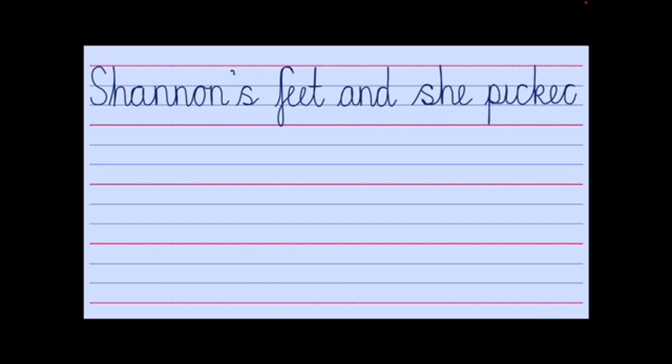And her feet definitely belong to her, so we need that apostrophe. Feet. And she picked. Pick. And then suffix ed, even though it did sound like it that time. It up. And a full stop.